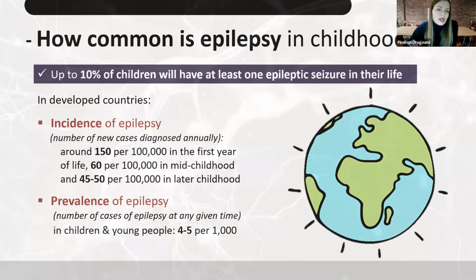So overall, the prevalence of epilepsy in childhood is 5 cases per 1,000 children. So if we have a big high school with 1,000 kids, 4 or 5 of them is common.